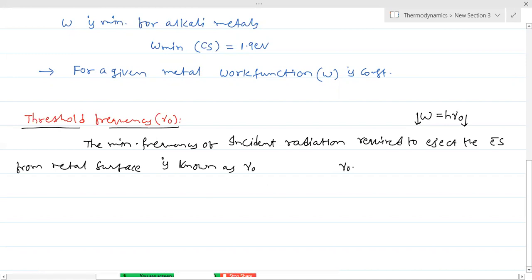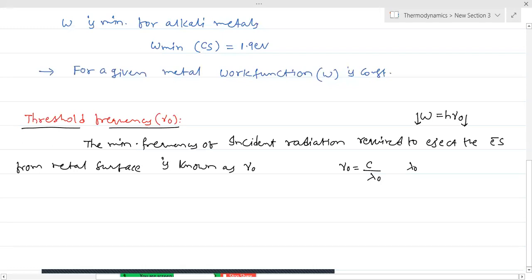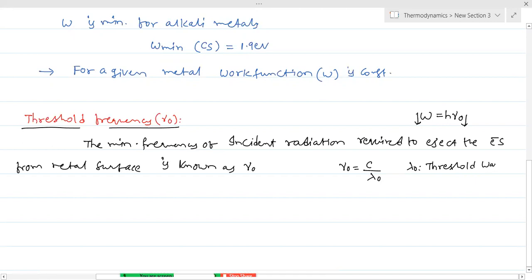Generally we have the relation nu naught equals c by lambda naught, where lambda naught is the threshold wavelength.